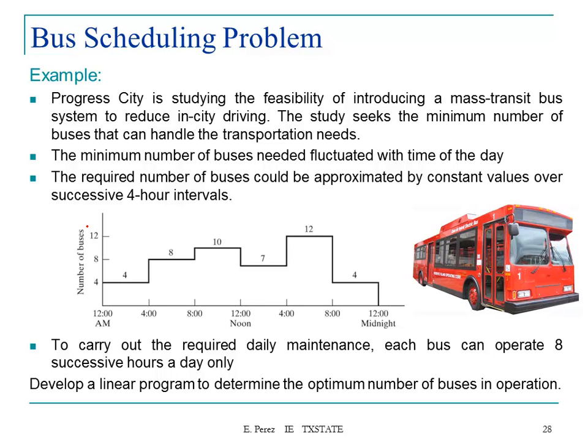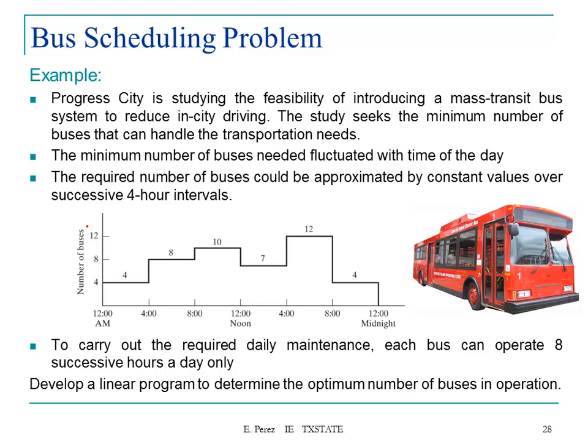So you have the 24-hour period for a day, and for each 4-hour time period, you have the number of buses that you require. So for the first 4 hours, from midnight to 4 a.m., you only require 4. Then from 4 to 8, you require 8, and so on. So that's basically the capacity that you will need to satisfy the demand during those 4-hour time periods.